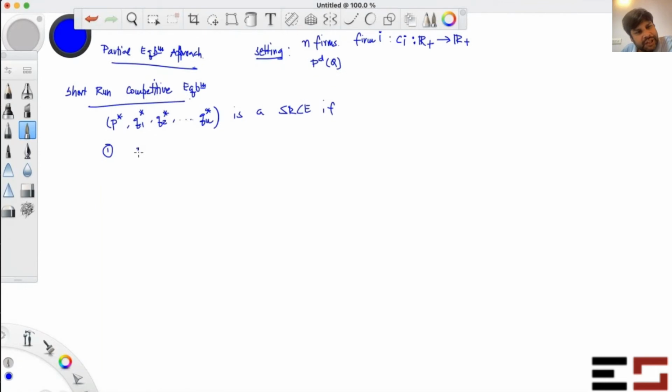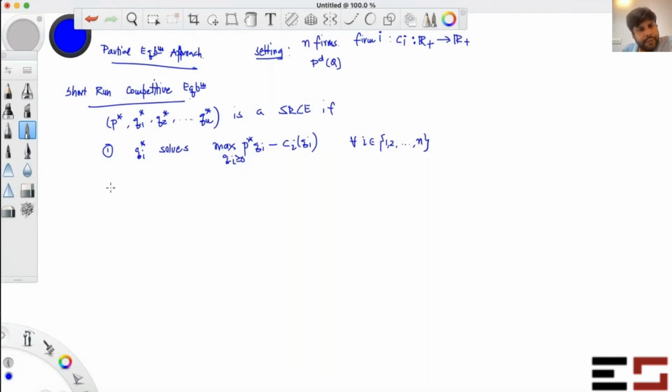Basically qi star solves firm i's profit maximization problem, which is to maximize with respect to qi: p star times qi minus Ci(qi). Of course qi has to be non-negative. So qi star is a solution to this problem, and this is true for all i. This is the first requirement.